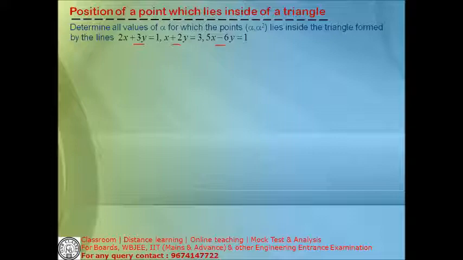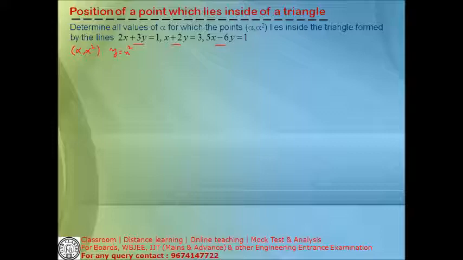Now, it can be seen very easily from the problem that the point alpha comma alpha square is moving on the curve y is equals to x square for any value of alpha, right? So y is equals to x square is the curve on which this alpha and alpha square is moving. Now we have to find out that part which is inside the triangle formed by these three lines.